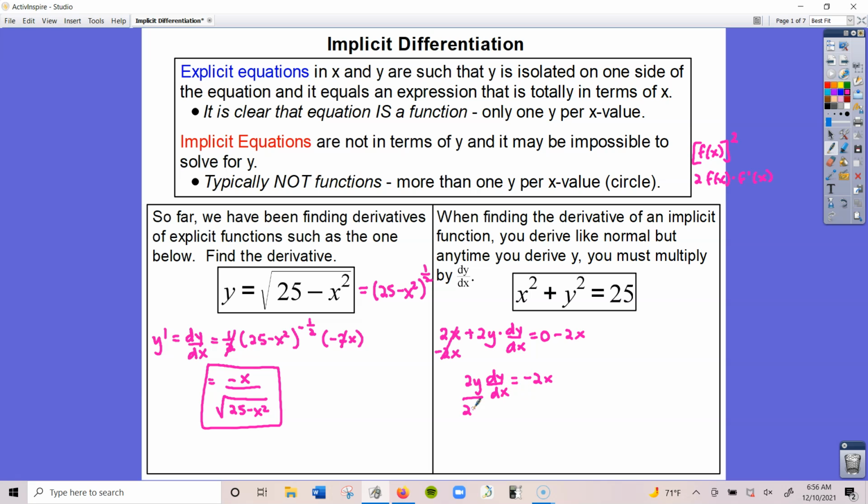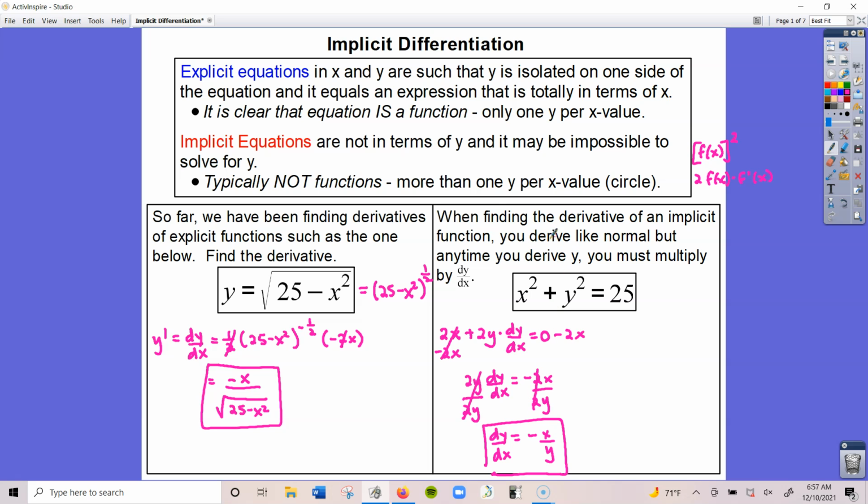And then we divide by 2y to isolate that dy/dx. So my derivative, dy/dx, is going to equal negative x over y, since these 2's here can cancel out. And that's basically the process of how you find the derivative of an implicit function.